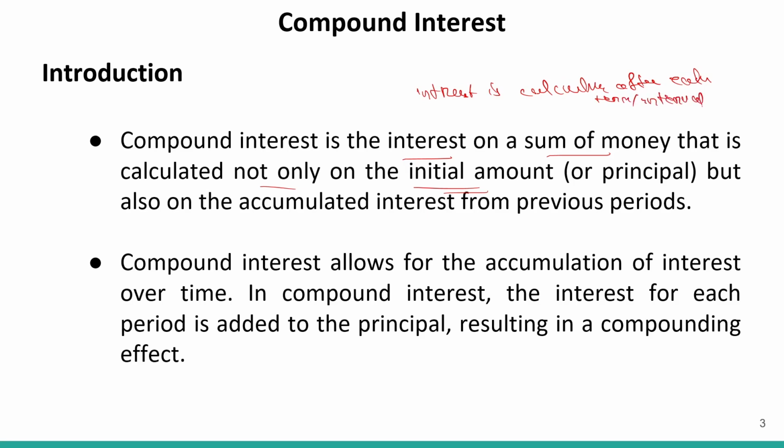Because in simple interest, the interest was calculated only on the initial amount. Compound interest allows for the accumulation of interest over time. In compound interest, the interest for each period is added to the principal, resulting in a compounding effect.